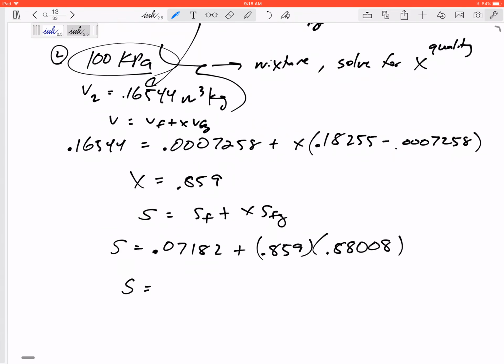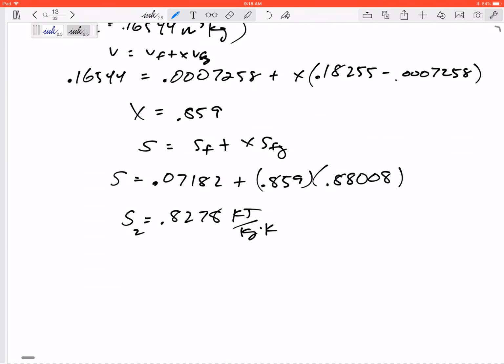I would get the entropy S2 is 0.8278 kilojoules per kilogram K. All right, so the change in entropy.